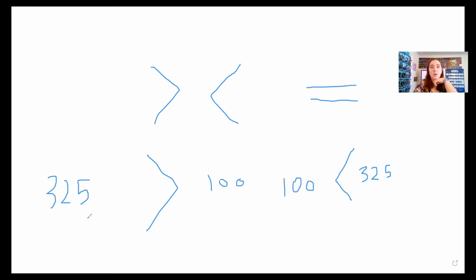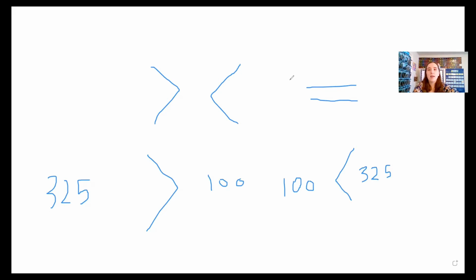So over here we have 325 first as we read it. 325 is greater than 100. Over here 100 is first. So we say 100 is less than 325. The opening on our greater than and less than symbols are always pointing towards the bigger number.